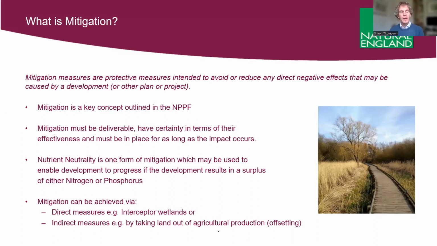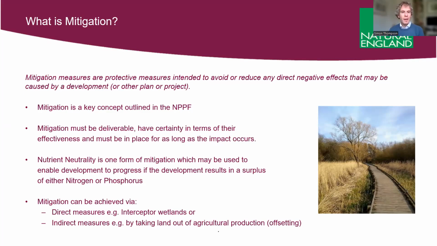This is why there's some complexity and challenge around the location of mitigation. It has to be in the right place so that it avoids there being an impact to one of the protected sites.